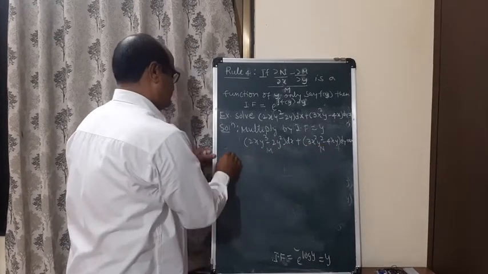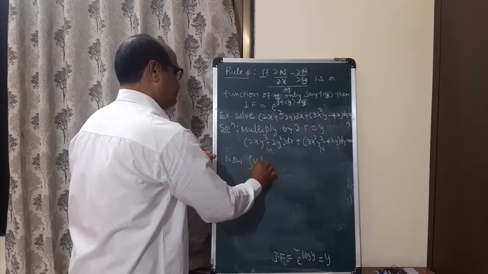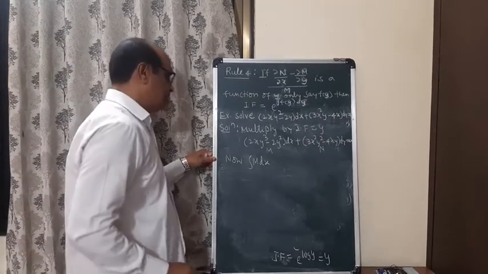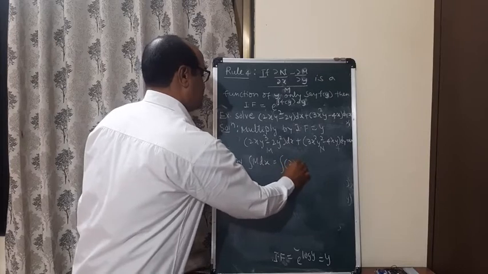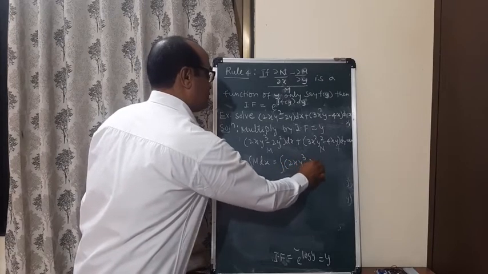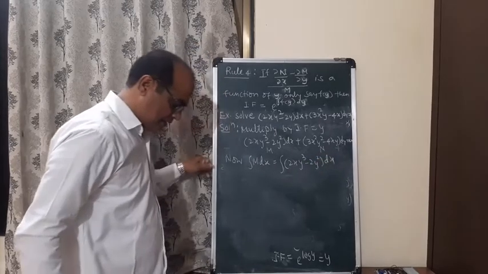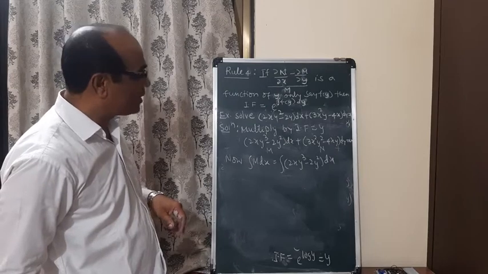So now, integration of M dx. What is M? This is (2xy³ minus 2y²) dx.